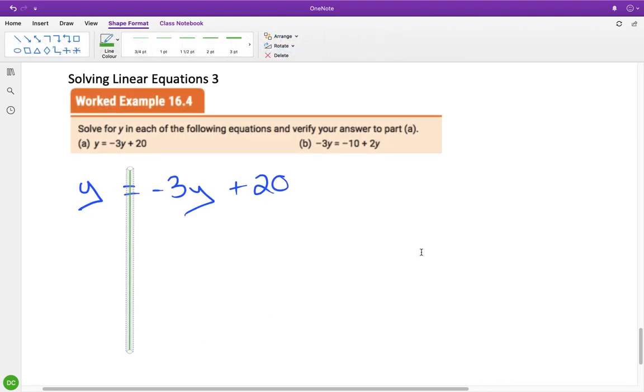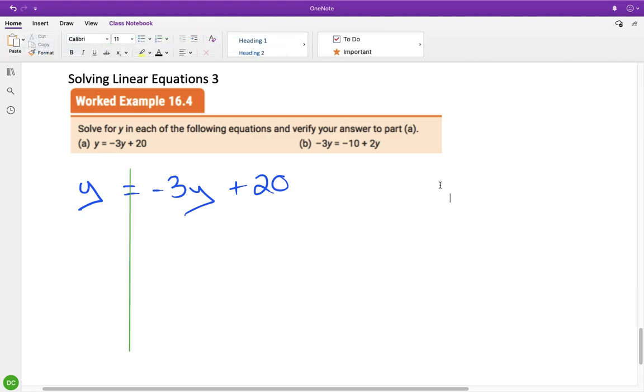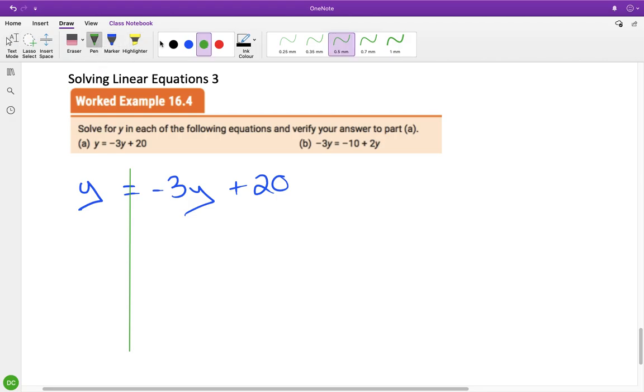All right. Okay, so as I said, when you are asked to solve, in this case we're trying to solve for y, your job is to isolate y. Let's get it on its own. Okay, now at the moment that's much harder because there's two of them.